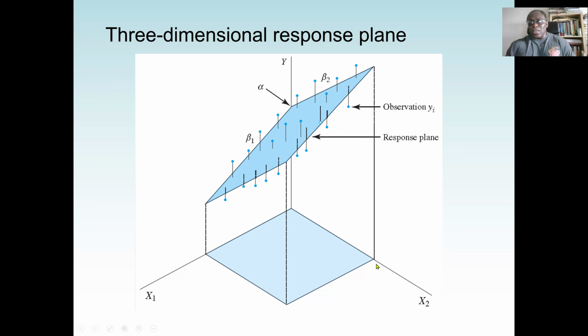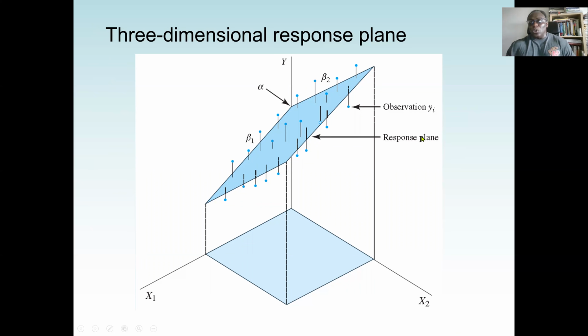Then when we look at x2, the second independent variable, its slope also gives us the steepness of the line, beta 2. So the effect on the three-dimension plane here will be determined by the slope of both x1 and x2.